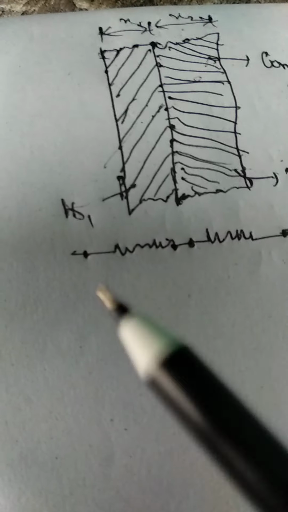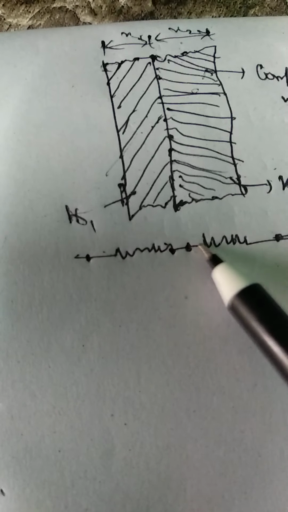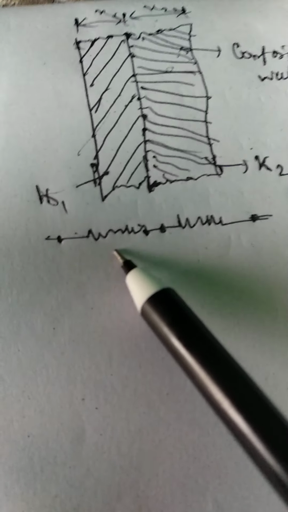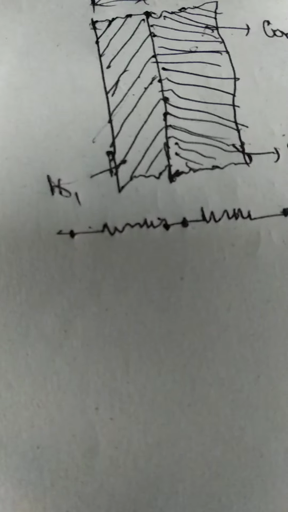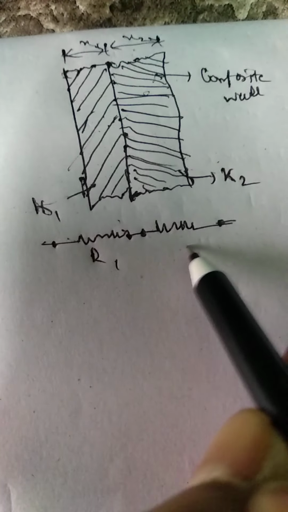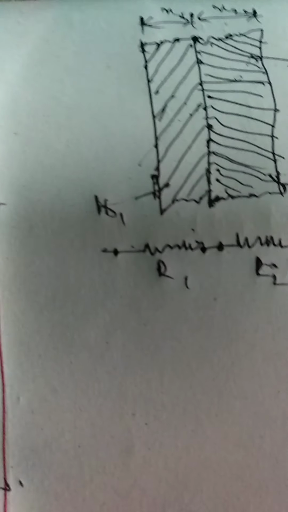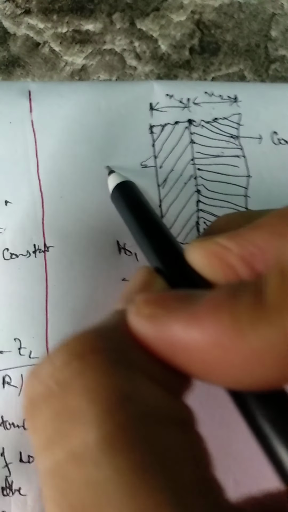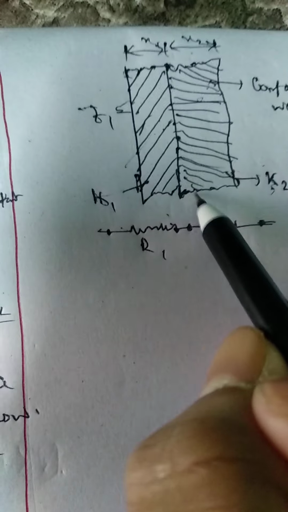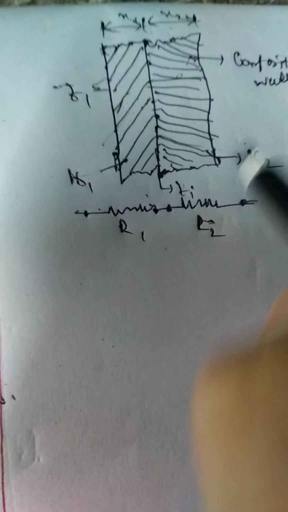Now this is similar to a combination of two series resistances. This is say R1 and this is say R2. This is similar to a series resistance. And suppose this temperature is T1, this is Ti, and this is T2.